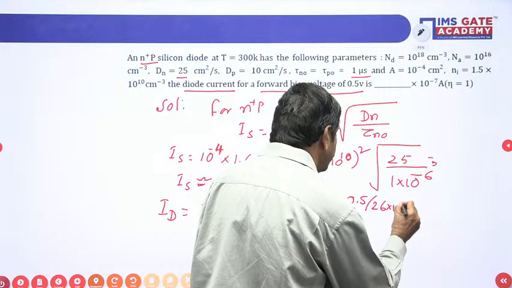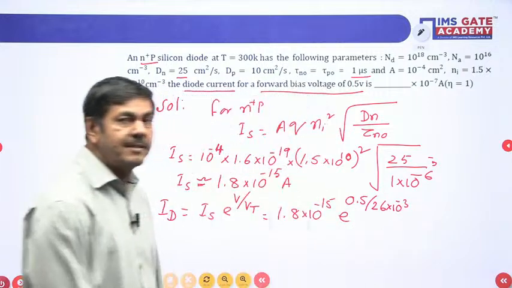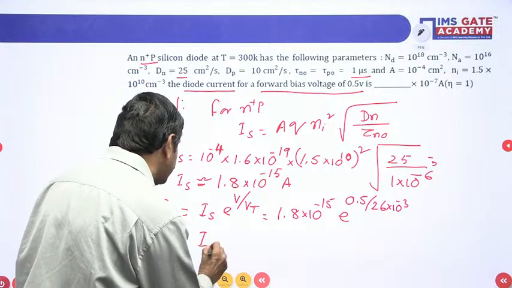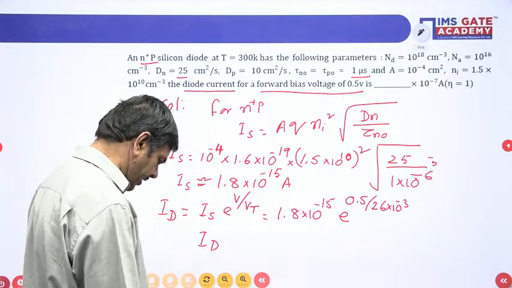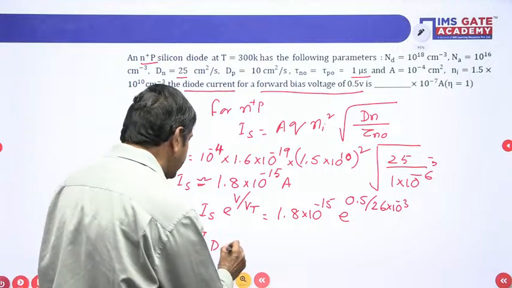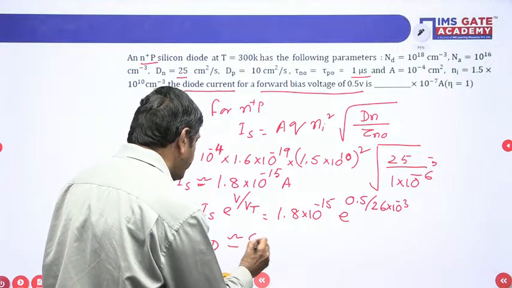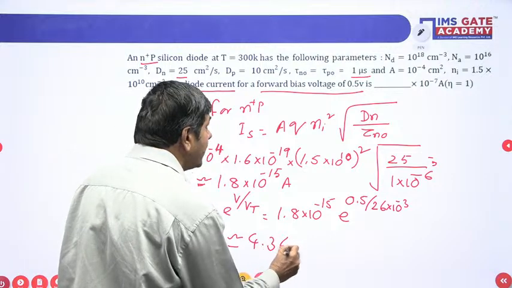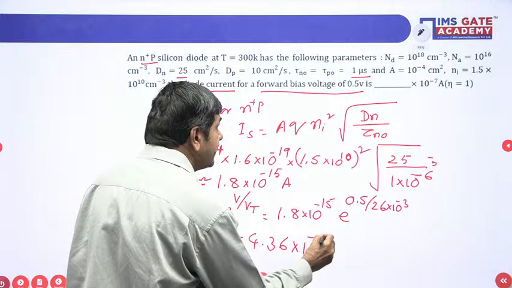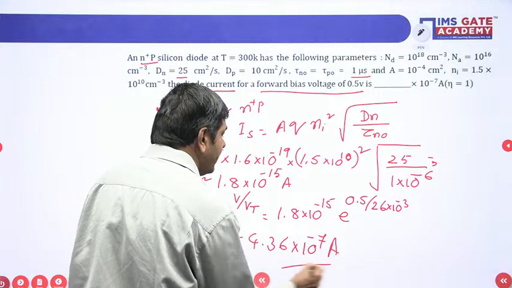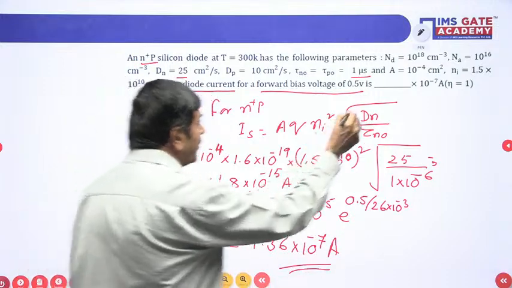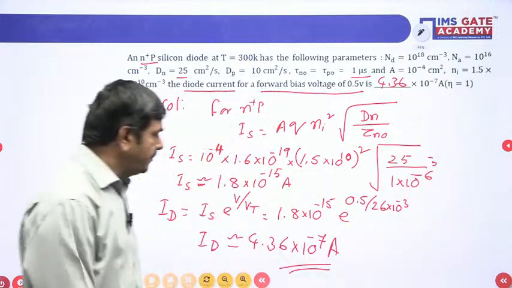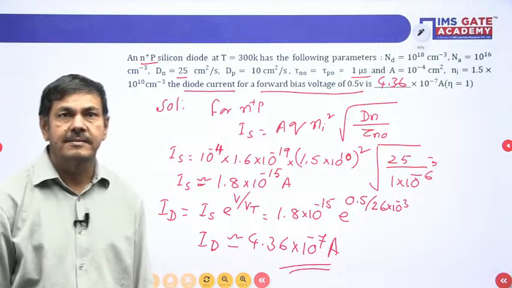If you use the calculator, you will get the diode current, approximately 1.36 into 10 power minus 7 amperes. Anyhow, 10 power minus 7 is given in the problem, so this is the answer for this question.